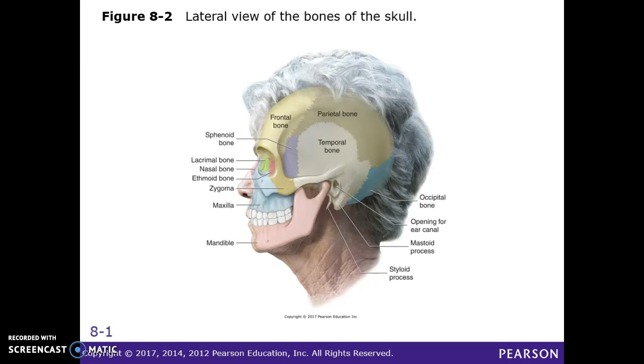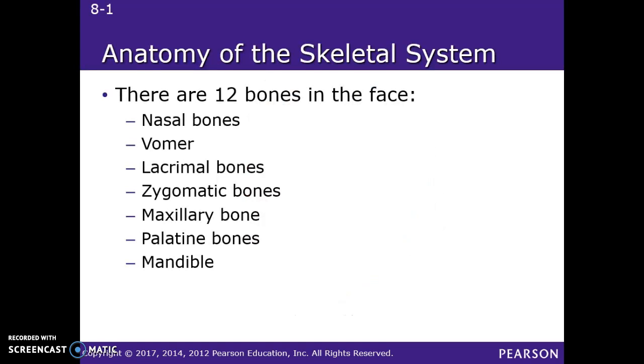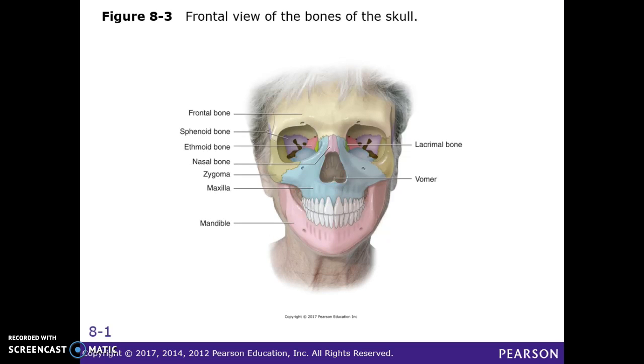Most of us are aware that the head itself, the cranium, consists of 8 different bones. This is just a good picture to show you some of those bones that make up the skull. There are 12 separate bones that make up the face. So keep in mind, the skull and the face are two separate things. This is where you get into things like the jawbone, the mandible. Here's a front look at the face and the different bones that make it up. Remember, the skull is what you might think of as the top and the back of your head, whereas the bones of the face are exactly that, the facial bones.